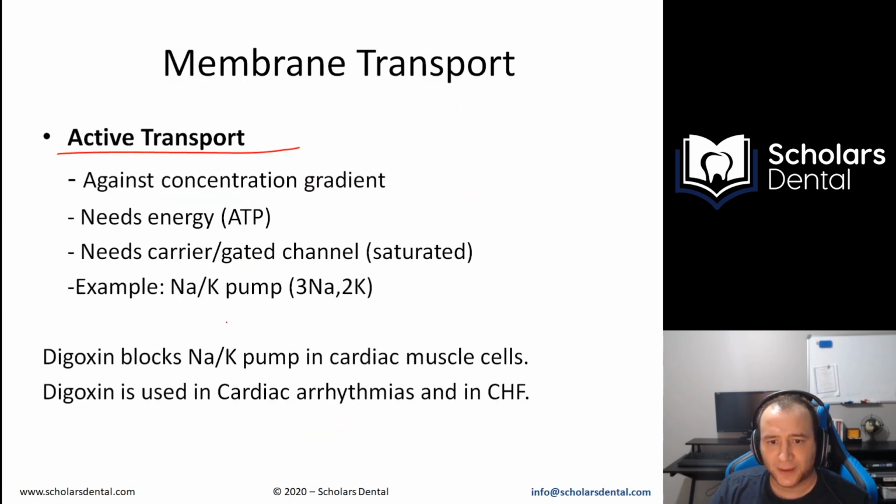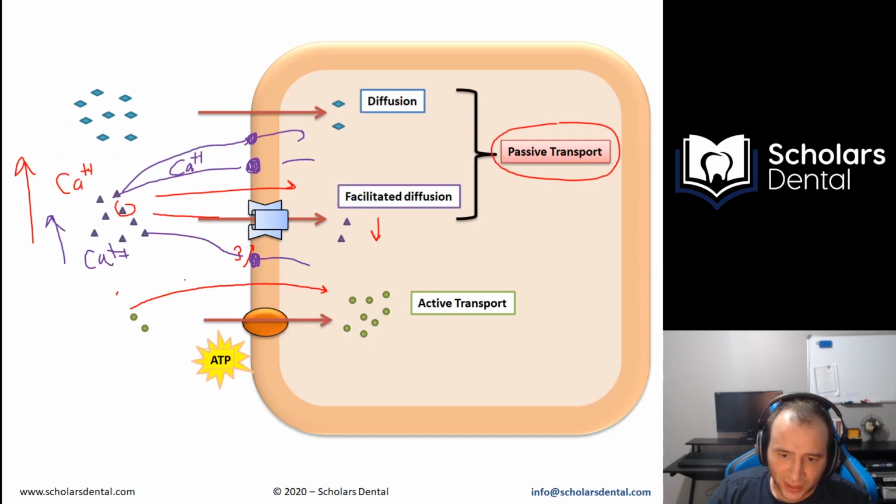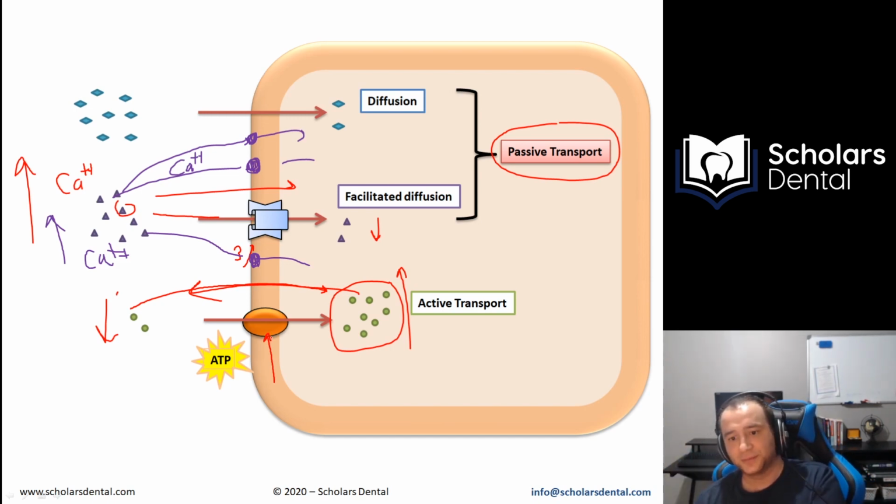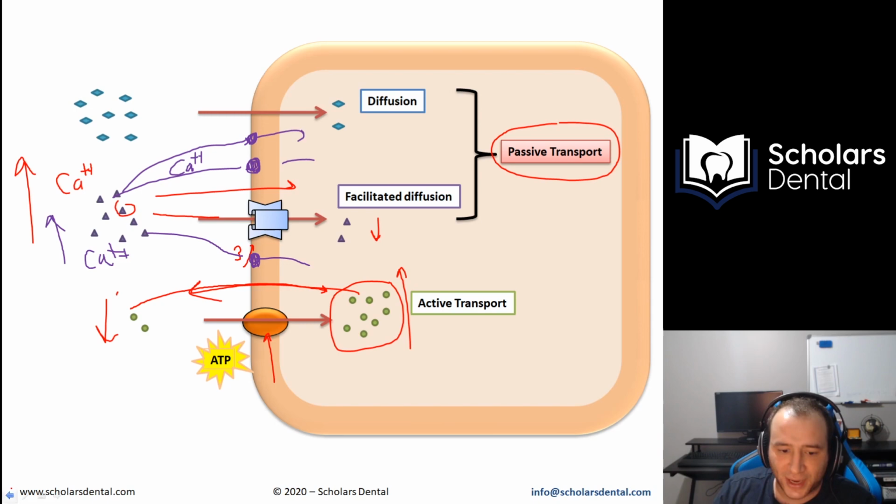So here, it's active. So since we have the forces, because these are more here, and these are less here, the forces go this way. However, this pump will try to push it the other way, you see? So the natural force is actually going this way because of the concentration gradient. However, this pump, for example, will take this and move it inside.